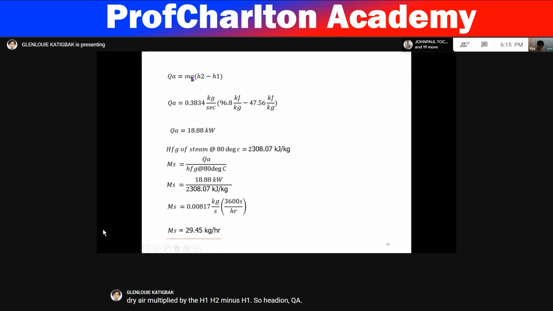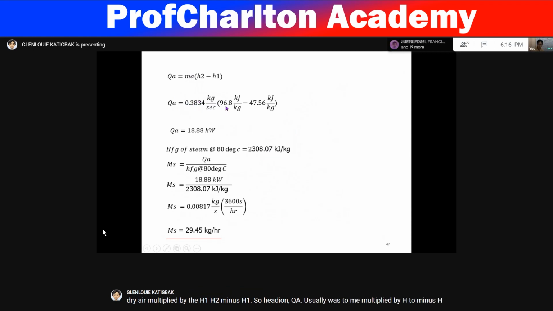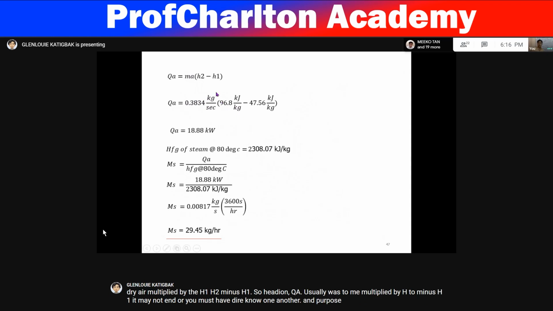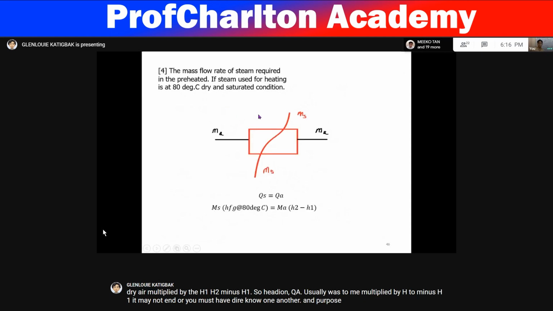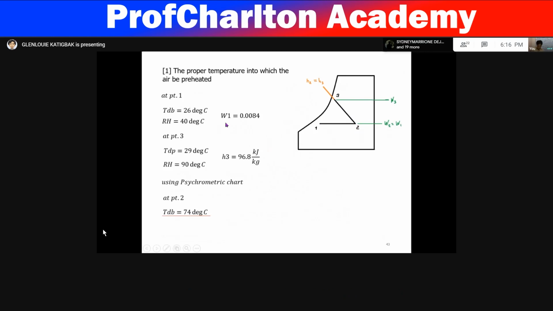QA equals MA multiplied by H2 minus H1. Yung MA natin, yung mass of dry air, nakuha na natin. Tapos, H2 nakuha na natin yan. Kasi, di ba nga dito, pag nakuha mo na yung dalawang point, makukuha mo na lahat ng other values. Sa H1 naman, given na yung RH tsaka yung dry bulb temperature, makukuha rin natin yung enthalpy dyan.